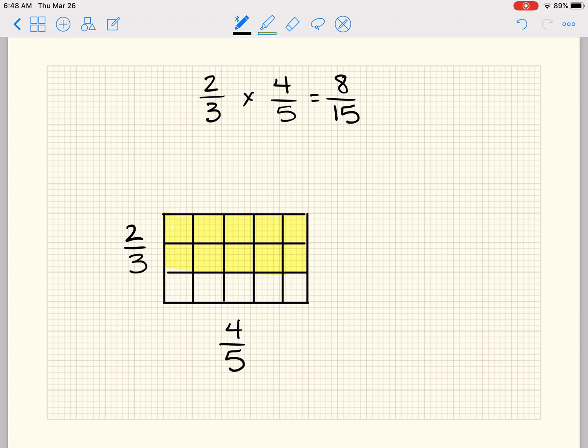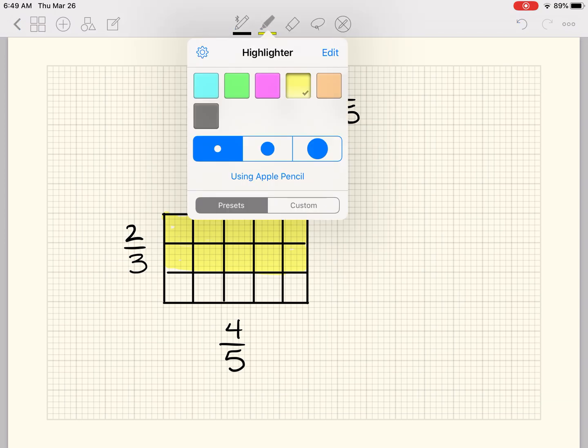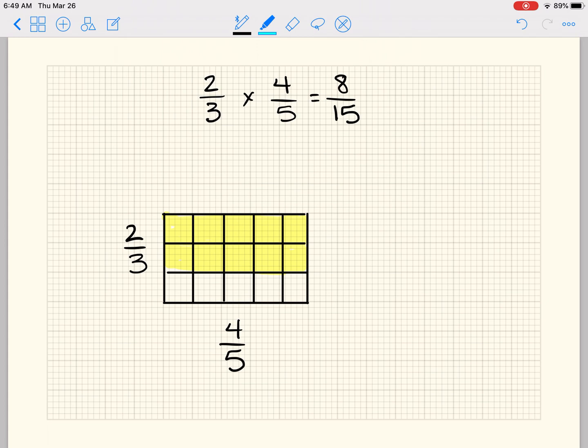So of the 5 parts that I have going vertically, I need to color in 4 of the 5 parts. We got to go all the way up, all the way down. We got to get the whole column. So color these in. And now if you're looking at this vertically, up and down, the columns, I have 4/5.